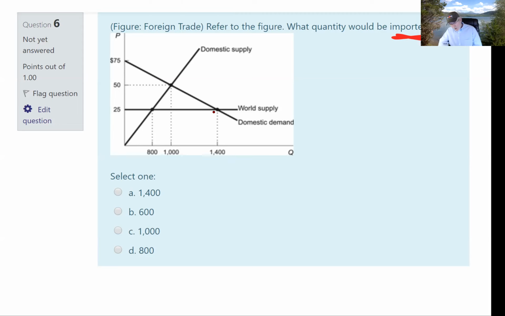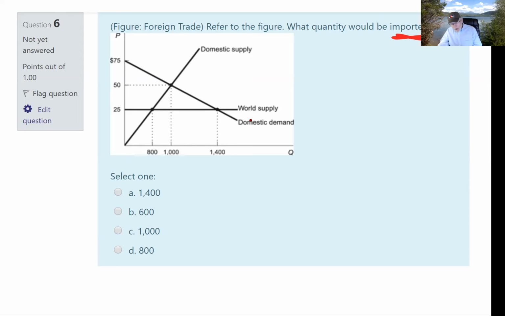And then world supply is showing us how much producers are willing to supply and at what price they're willing to supply it. And the assumption we're making here is that the United States is a relatively small part of this market, and so we can buy as much as we want from other producers as long as we pay that market price.